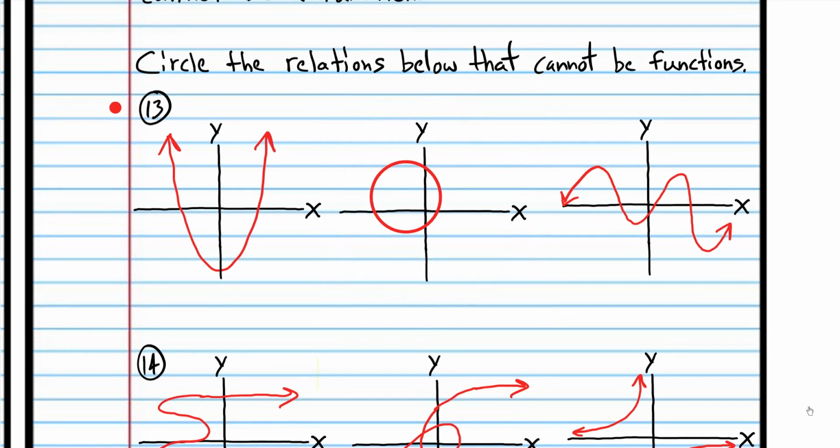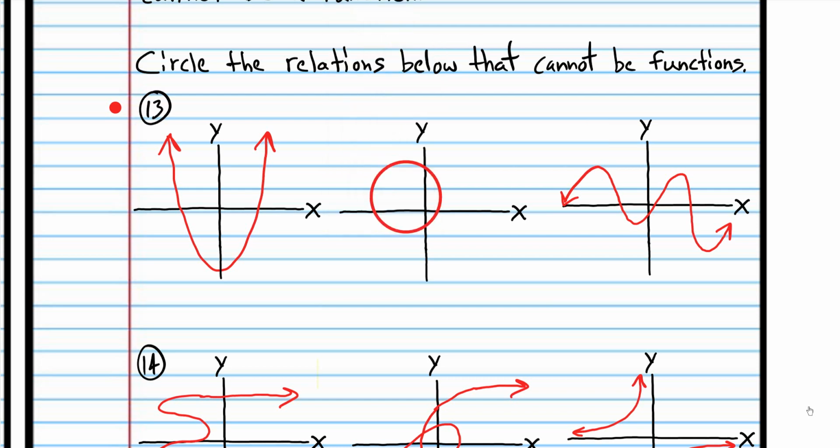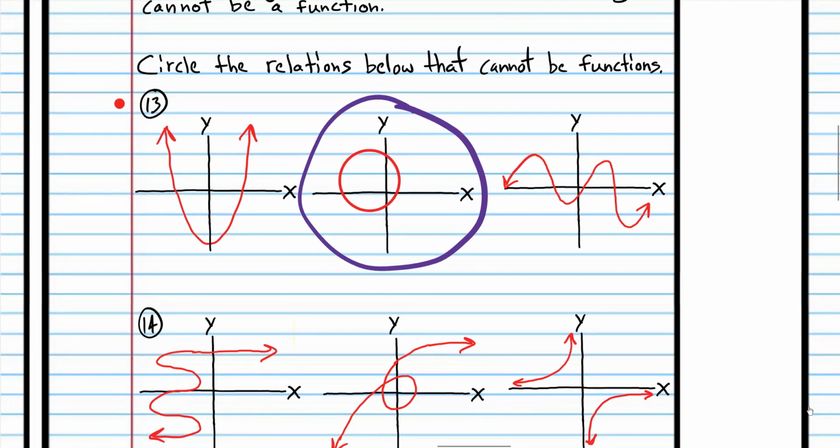And maybe I should use a different color besides green. Now let's do a vertical line test here. Vertical lines only touch the graph one time. It gets a little steep in areas, but that can represent a function.